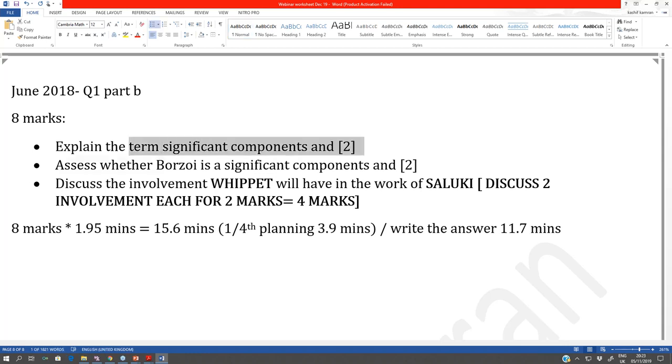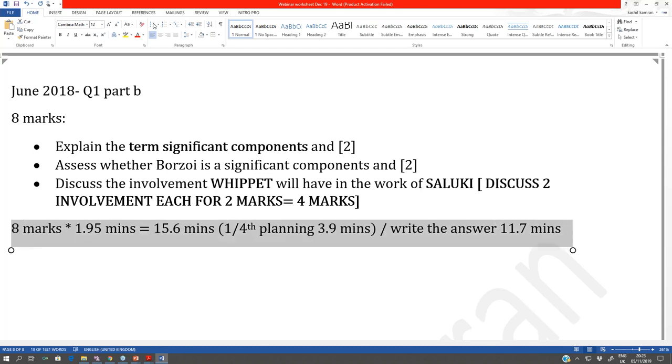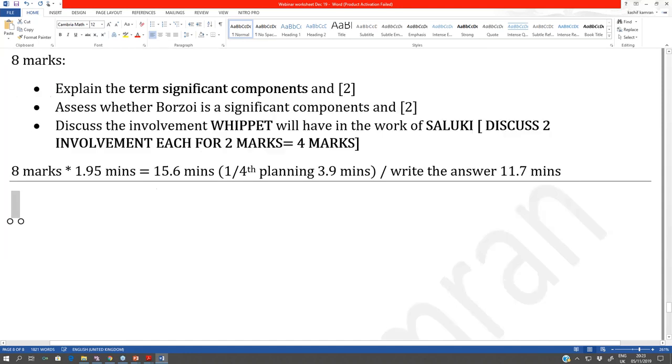Explain the term significant component. What is a significant component? Let's go down with that. Significant component. We need not see the case for that because that's a definition the examiner is asking. What is a significant component?